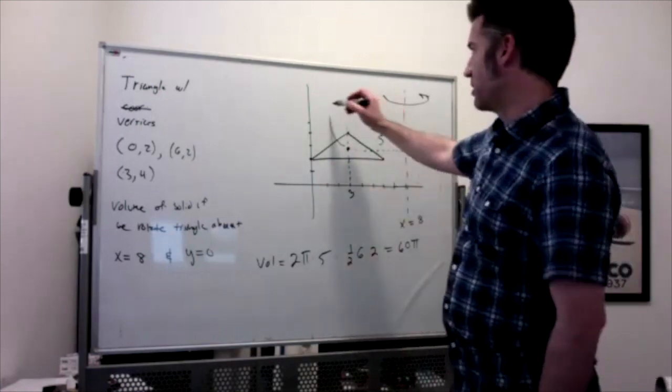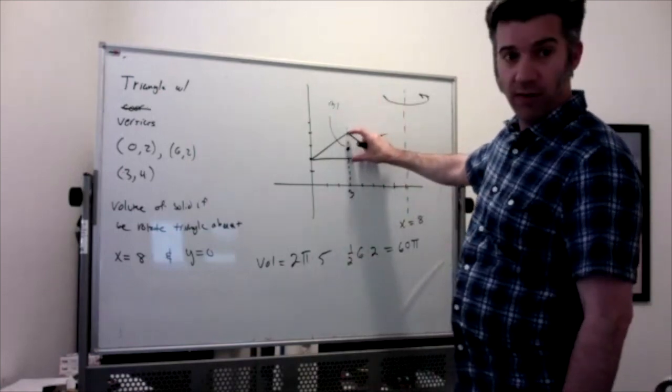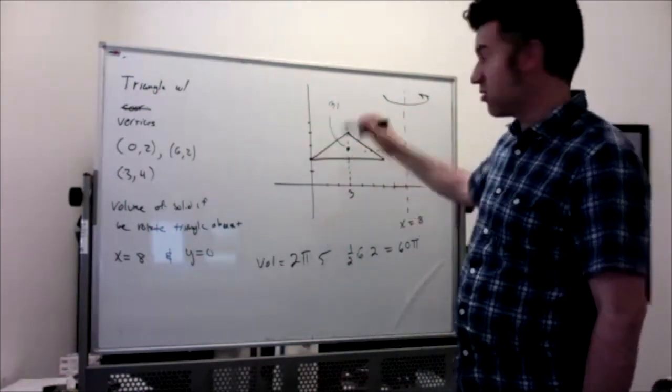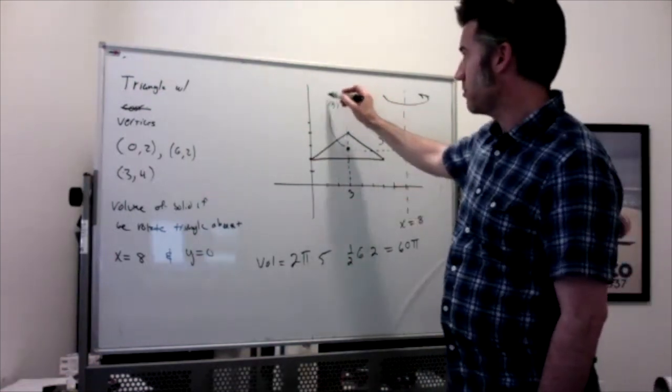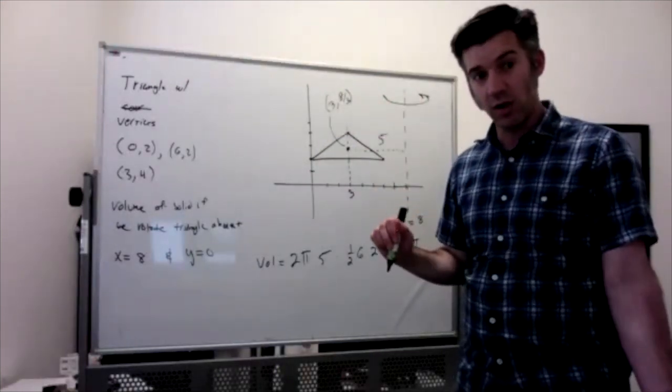So the center is the point (3, 1/3 of the way up). Well, 1/3 of a height of 2 is 2/3. So 2 plus 2/3 is 8/3. I'm pretty sure that's where my centroid is, but I don't actually know.